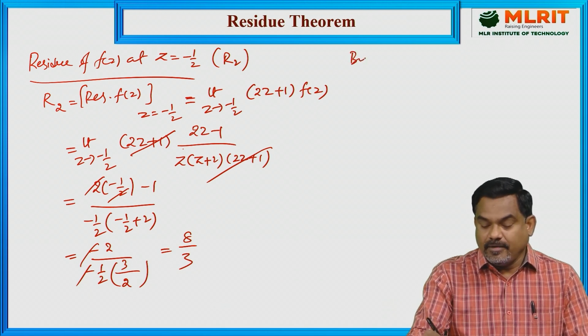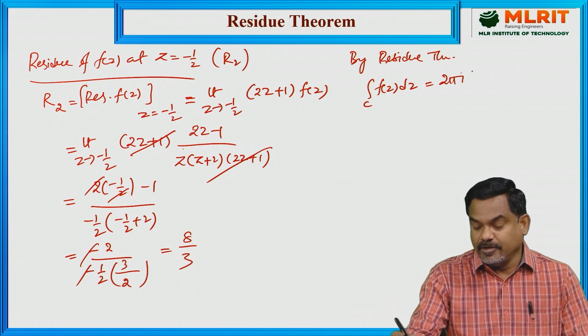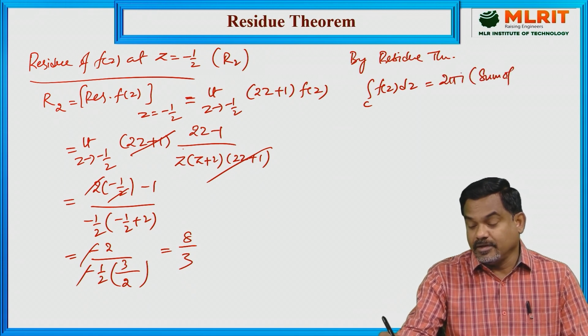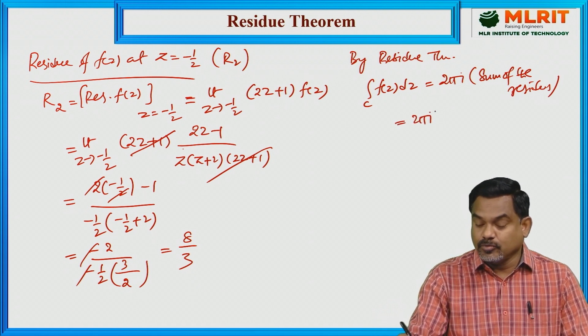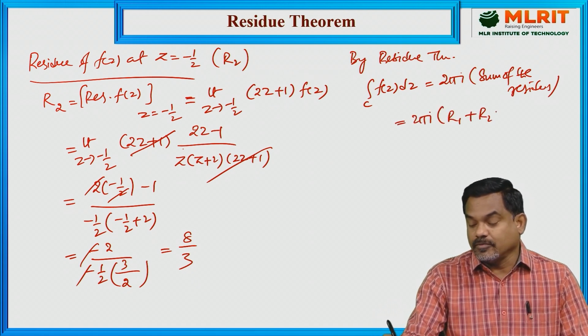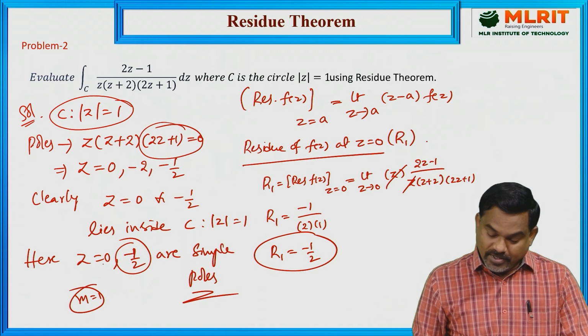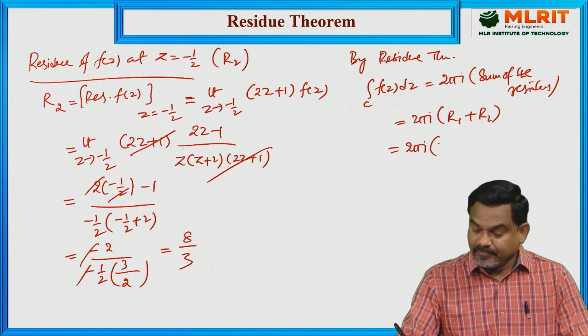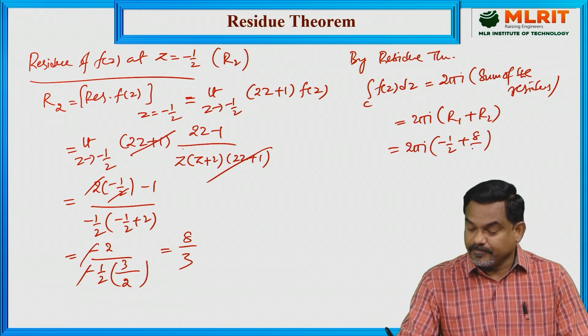Now by Cauchy's residue theorem, the line integral of the given function is equal to 2 pi i into the sum of the residues. Here only two poles lie inside the circle, therefore we have obtained only two residues R1 and R2. So 2 pi i into R1 plus R2. What is R1? Minus 1 by 2 plus 8 by 3.